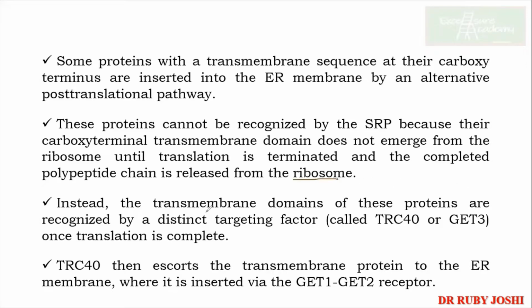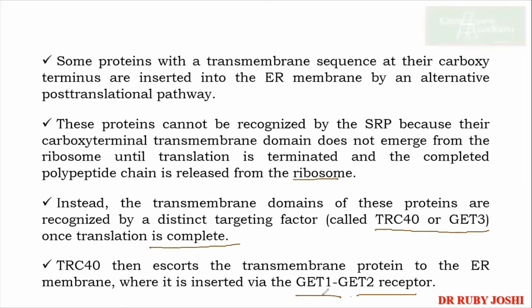Instead, the transmembrane domains of these proteins are recognized by a different set of proteins known as TRC40 or GET3 once the translation is complete. These TRC40 proteins will escort the transmembrane protein to the ER membrane where it is inserted with the help of the GET1 and GET2 receptor.